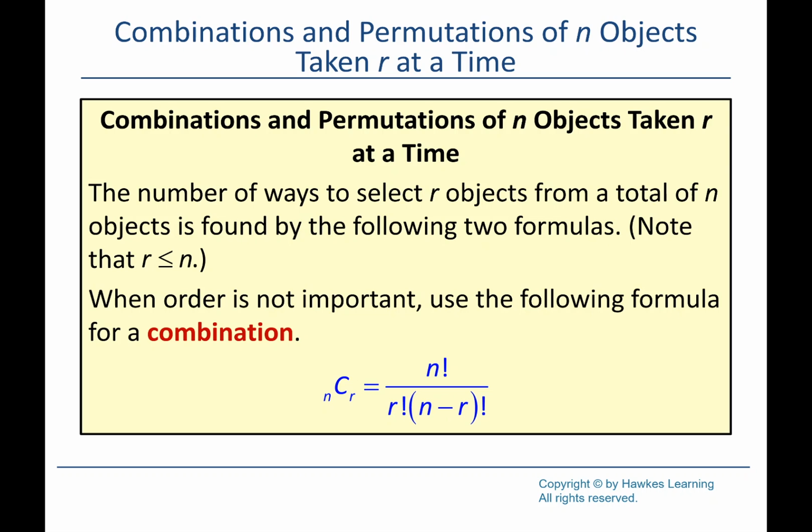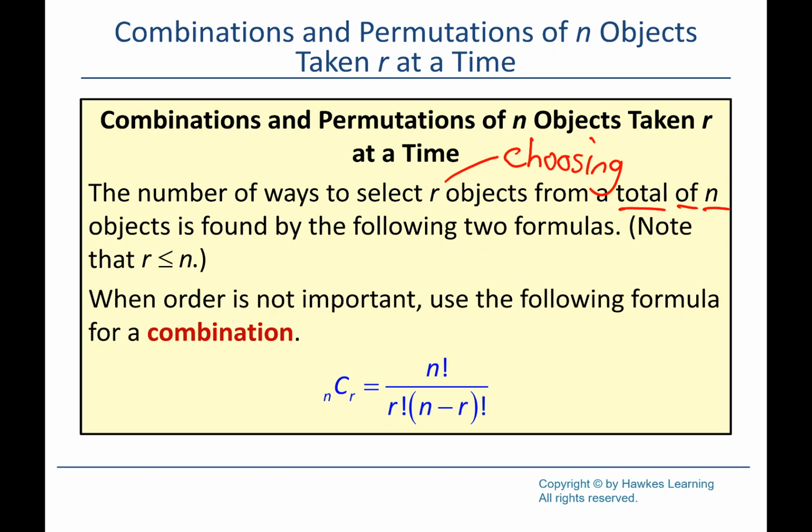So r is the ones we're choosing, and n is the total. If you get them backwards, we'll mess it up. So r is the number of objects we're choosing, and n is the total number of objects we have to choose from.